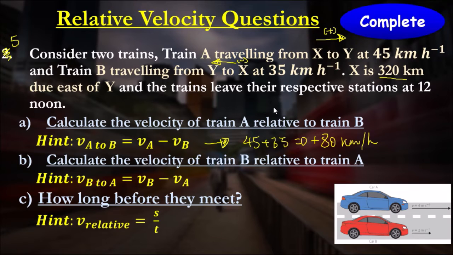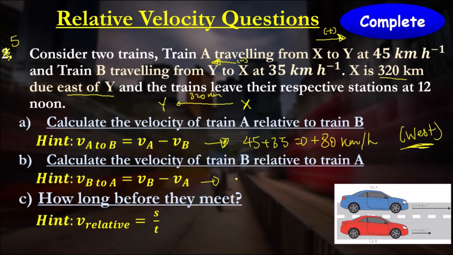If we were talking about direction, then if we actually have a look here, X is 320 kilometers due east of Y. So if we put that as a perspective, X is here, and Y, after 320 kilometers, is in this direction here. So the positive direction we actually labeled here, although it's a bit misleading with the arrows because I didn't actually look into the directions originally, is also the west direction in this case.